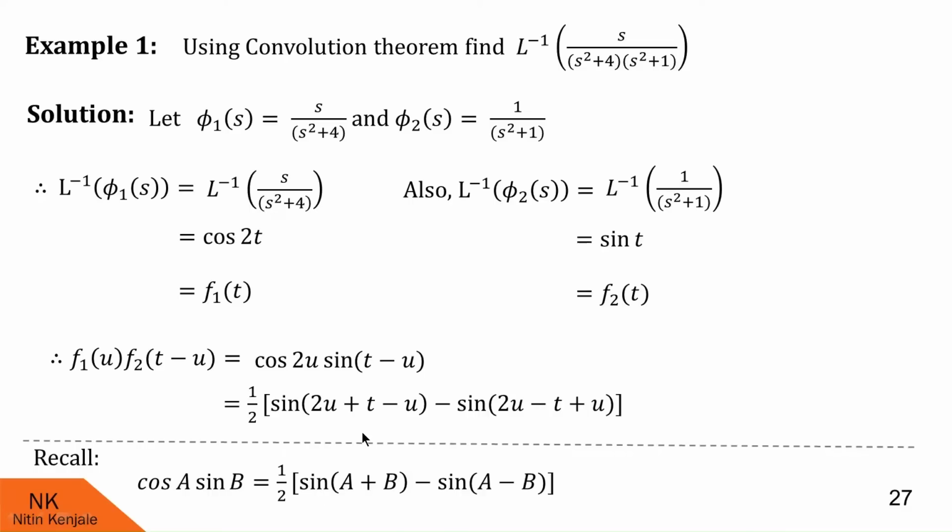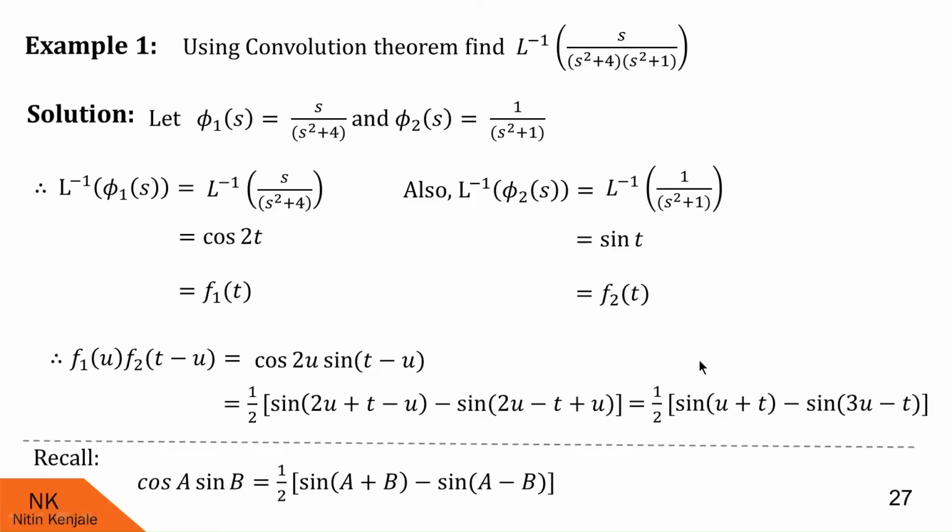So sin A plus B will be sin of 2u plus t minus u and sin A minus B will be sin of 2u minus t plus u. Further simplifying, we get half sin u plus t minus sin 3u minus t.